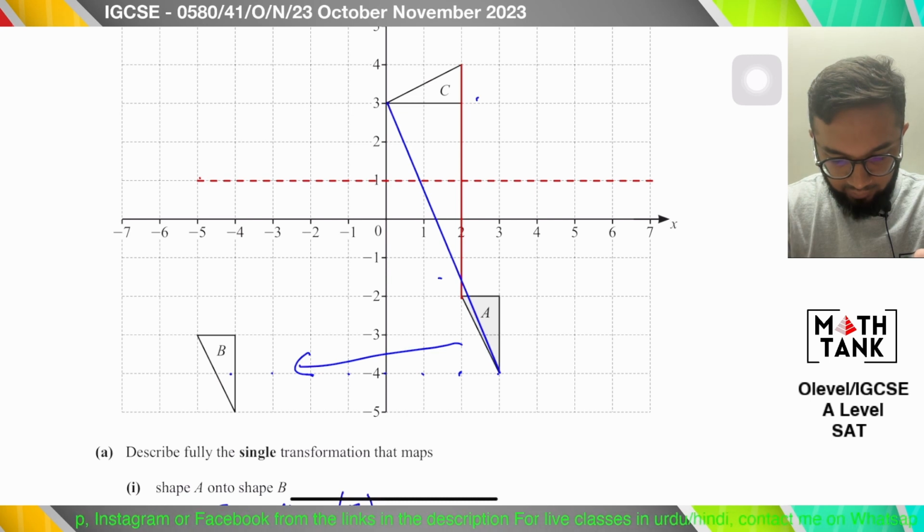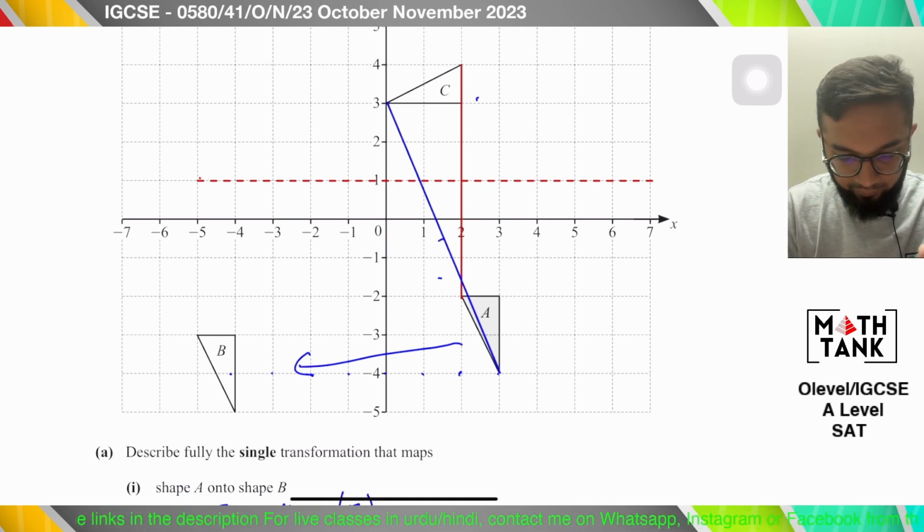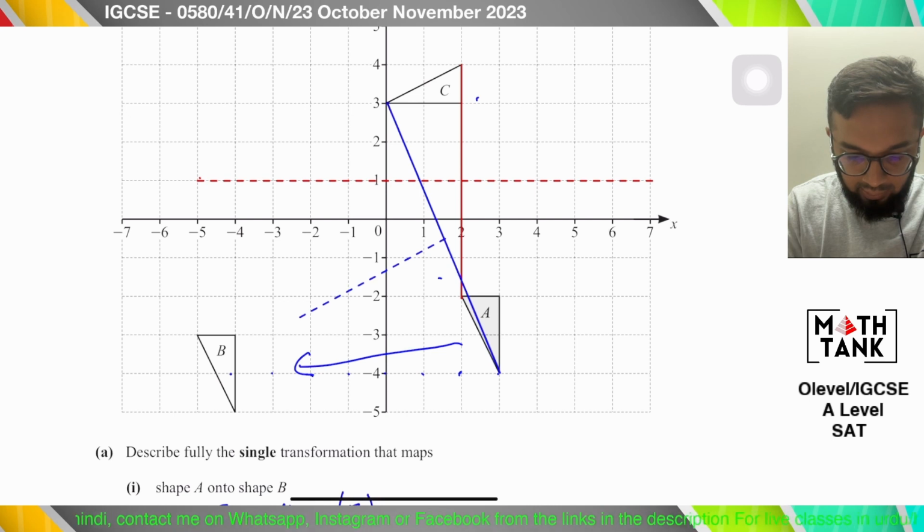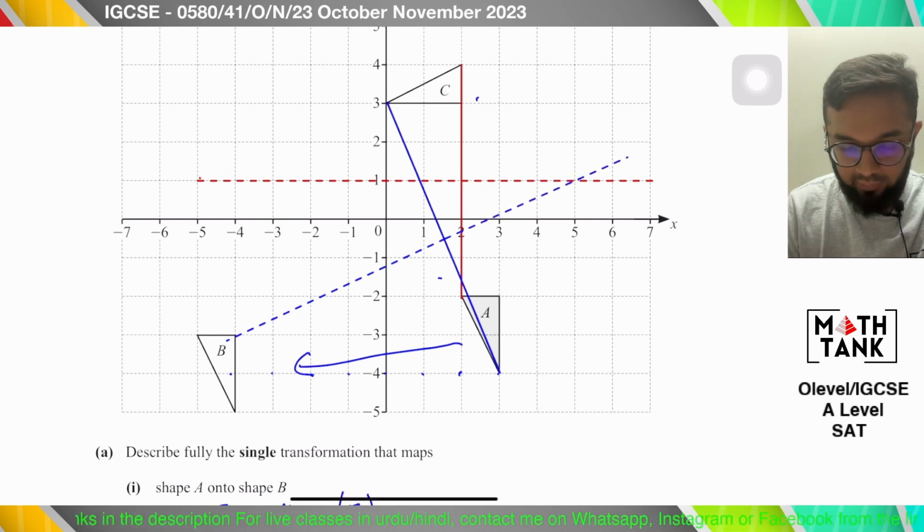So 1, 2, 3, 3.5. So my line should look something like this. I don't know if I'm going to get the right answer out of this.